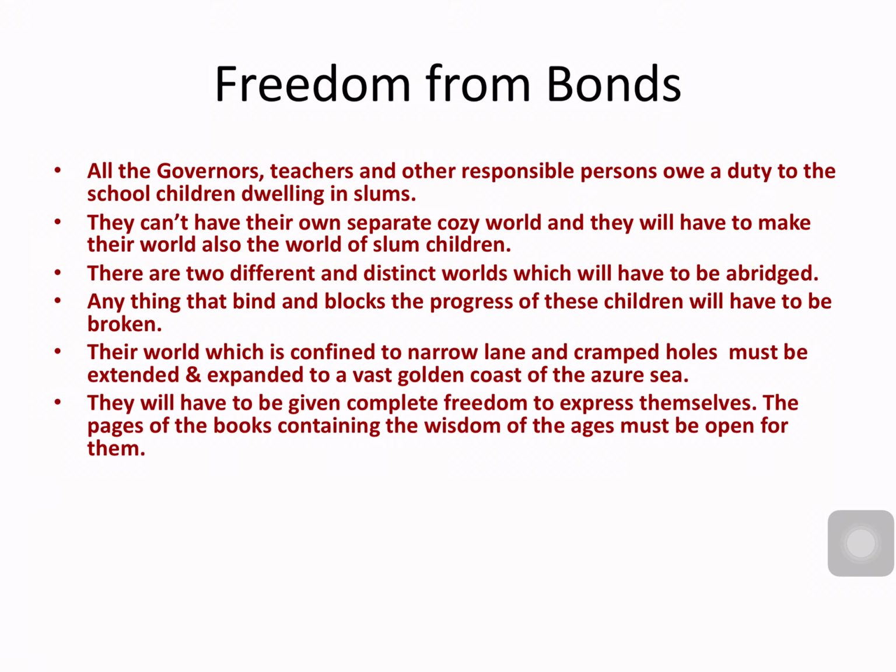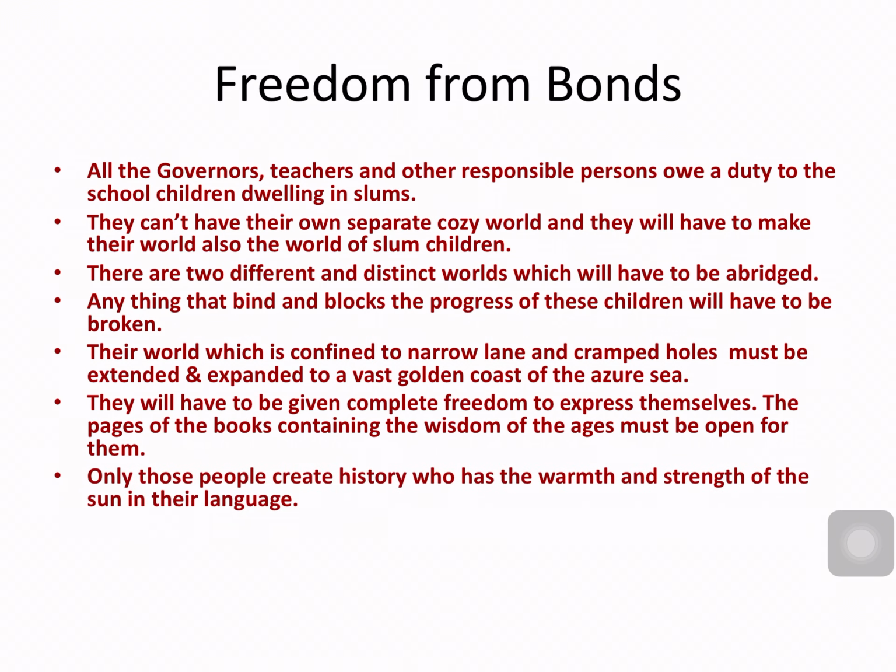They will have to be given complete freedom to express themselves. The pages of the books containing the wisdom of the ages must be open for them. Only those people create history who have the warmth and strength of the sun in their language.